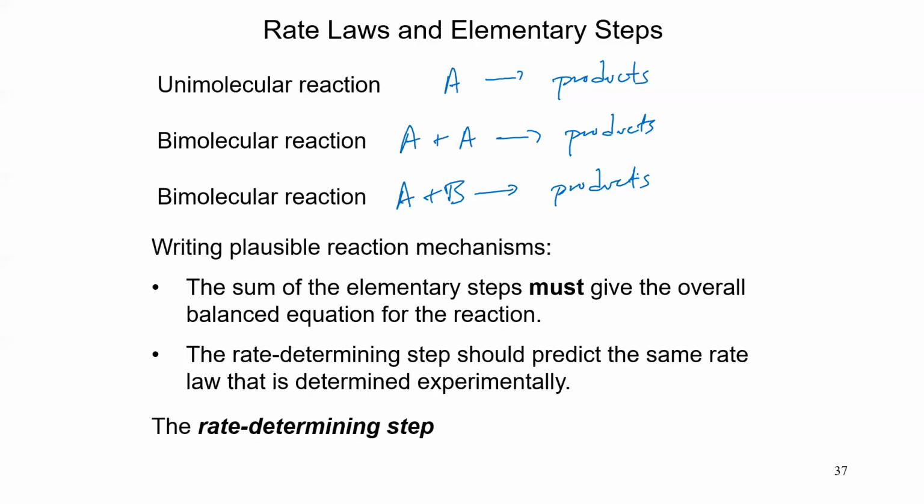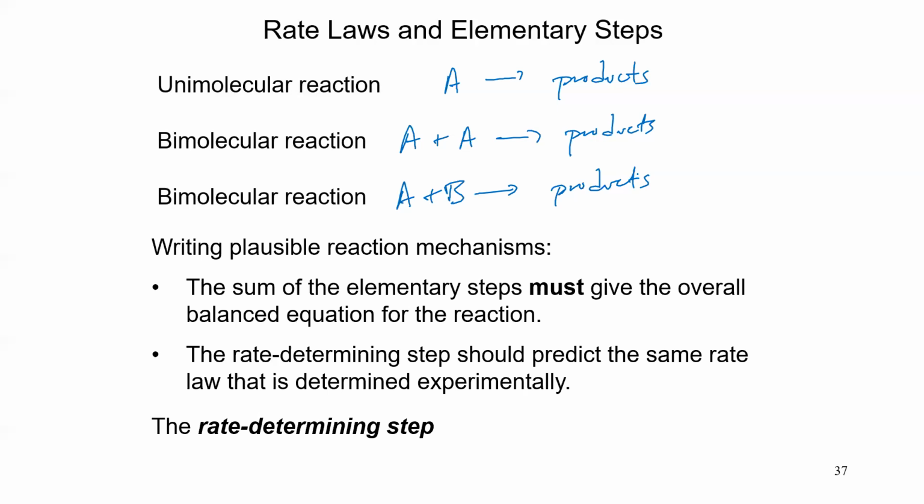And so here are some rules for writing plausible reaction mechanisms. And you have these in your notes. The overall elementary steps have to give the overall balanced equation. Just like we did with the N2O2 example, we added up those elementary steps, we crossed out the intermediate, and we got back our overall reaction. But since we're talking about kinetics, the reason we're interested in these reaction mechanisms is that it turns out the single elementary step that's the slowest is the elementary step that determines the rate for the whole reaction.